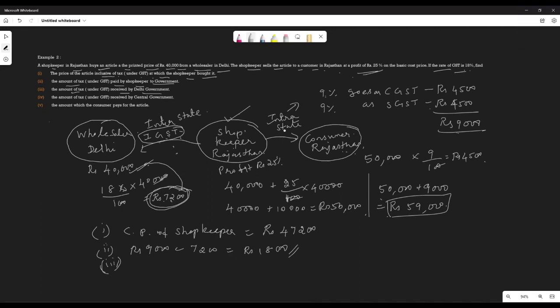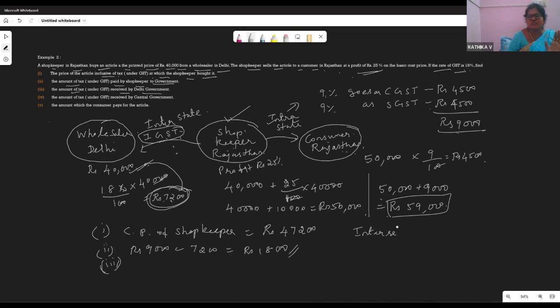The concept is, I will give you once again, the interstate and intrastate concept. Interstate means the transaction takes place between two states, so neither state will receive anything. The IGST will go directly to the central government.